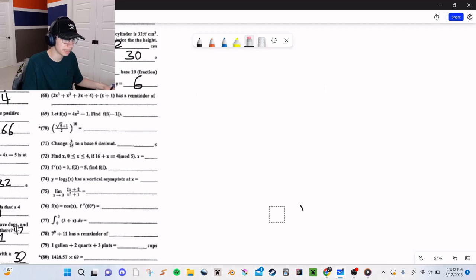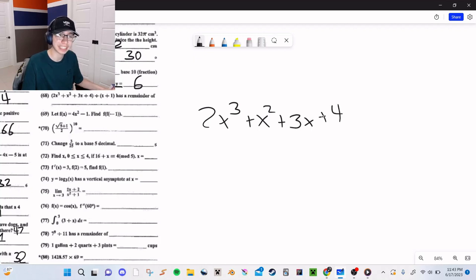Number 68. So this expression has a remainder of, okay, so that may look really bad. Those of you who've already done Algebra 1 might be thinking, do I have to do synthetic division here? Or long division? You don't.